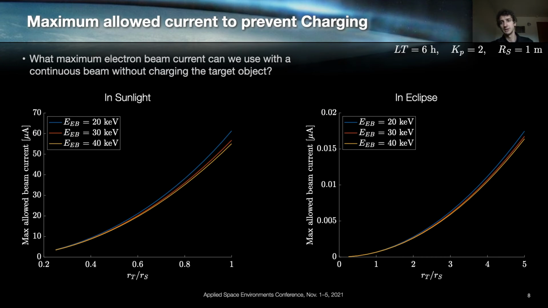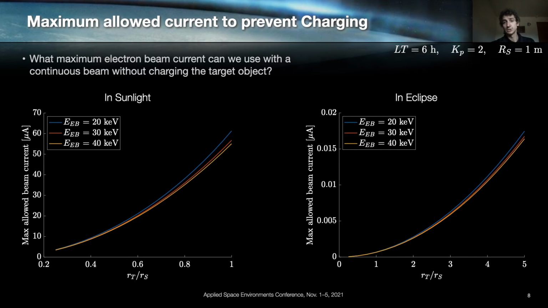On this slide, I'm just showing really quickly what the maximum allowed electron beam current is, such that we don't charge the spacecraft, as a function of the relative spacecraft size. If both spacecraft are equally sized, meaning the ratio of the radii is equal to 1, then we could use a beam current up to about 60 microamps and still not charge the target object.